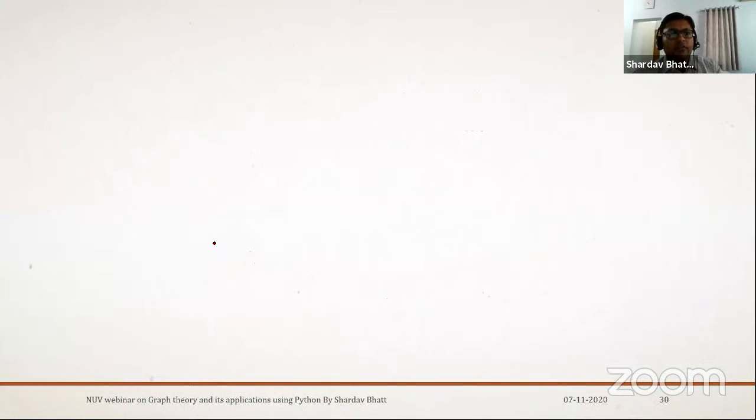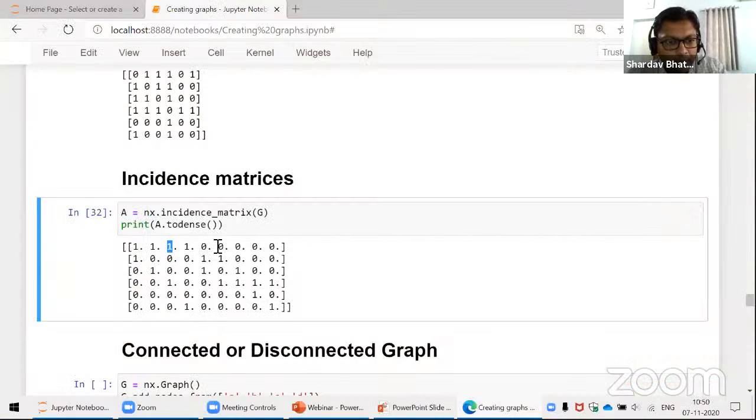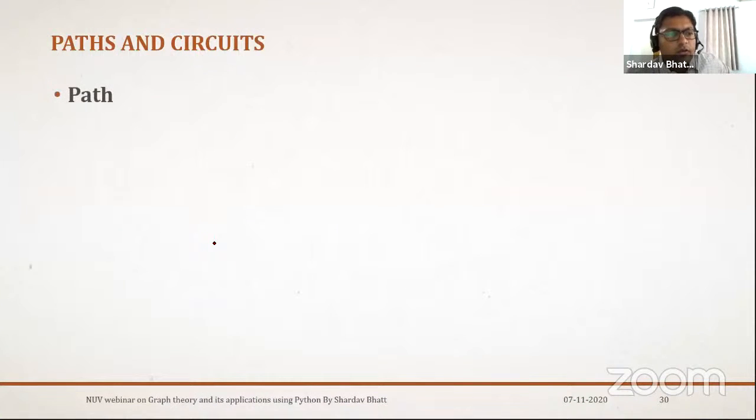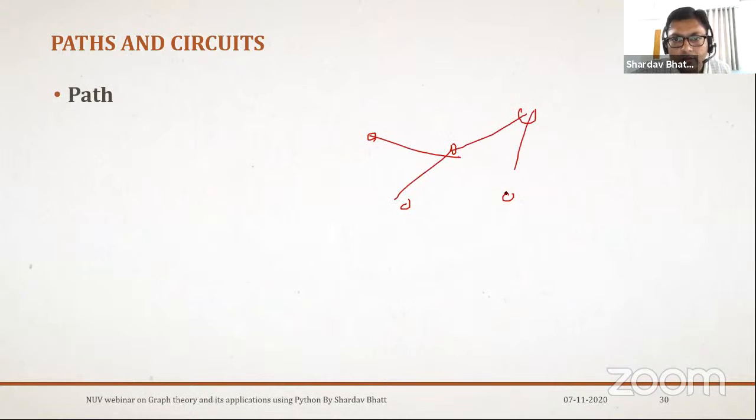Okay, next is paths and circuits. So what is a path? Suppose you have a graph like this. Suppose you want to travel from this vertex A to this vertex B, then you will go this way.